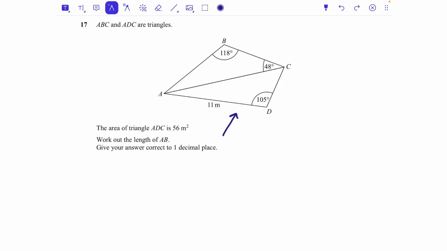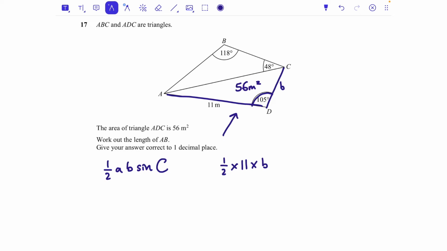Now in this bottom triangle we are told that the area is 56, and we know that the area of a triangle without a right angle with the perpendicular base and height or any of those things is half ab sine C. So we know that half times 11 times B, and this is going to be your B, because always with half ab sine C it's the 2 sides and the angle in between.